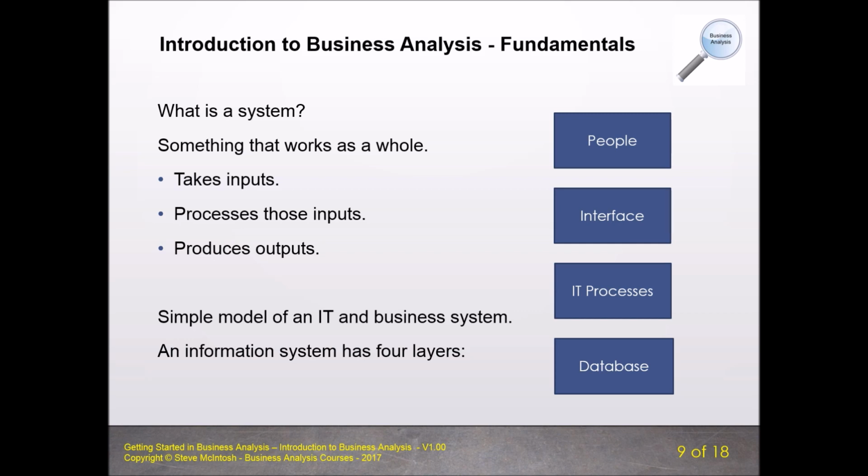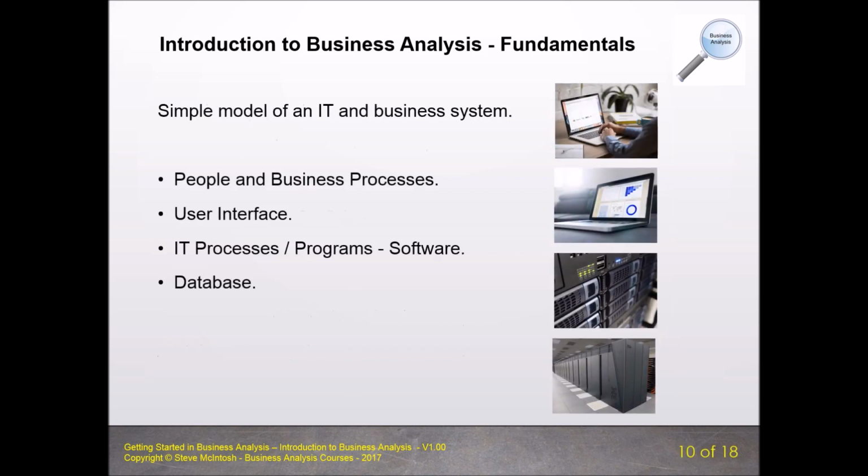It has 4 layers: people within the business doing things, communicating; the user interface, which is very often computer screens; IT processes within the system that are usually hidden to end users but are producing the outputs needed; and underpinning the whole thing, a database storing business data. So you have these 4 layers within a system, all of which need to be considered.